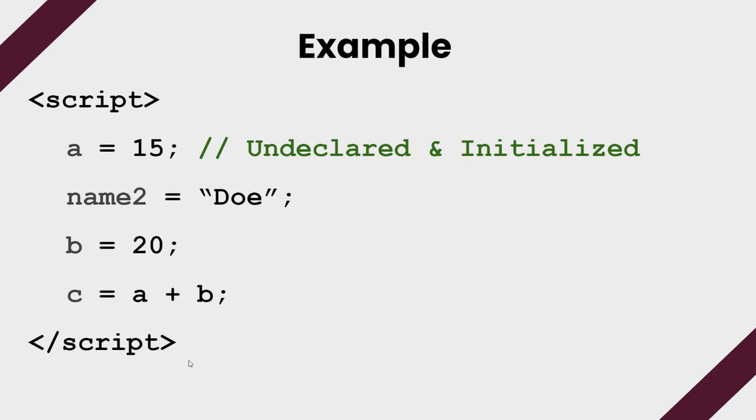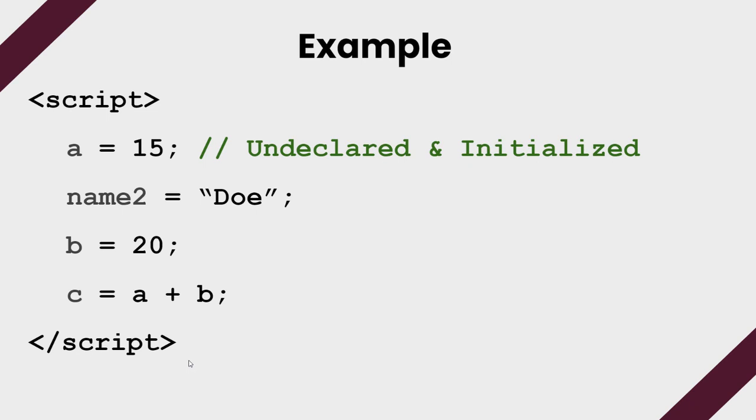And also we have the variable name name2 assigned the value of dough, and we have b assigned the value of 20. Now if you notice the last variable name, c, is assigned a sum of a and b. That's a sum of the variable name a and the variable name b.